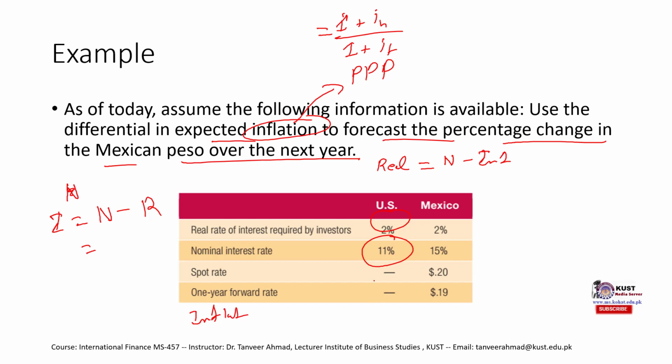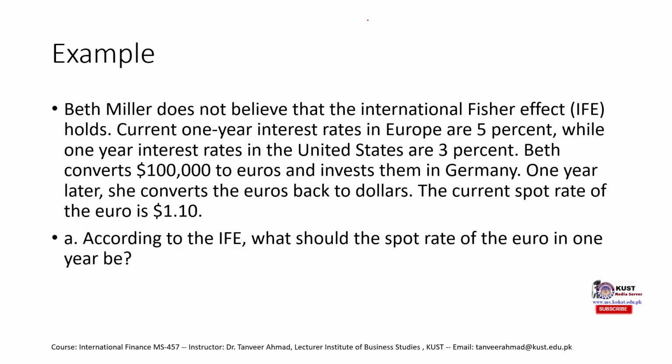So 11 minus 2 would be 9%, and in case of Mexico, it is 15 minus 2. That is 13%. So now we have the inflation of both the countries, and we just need to plug the values in this formula, and we would have the expected change in currency.